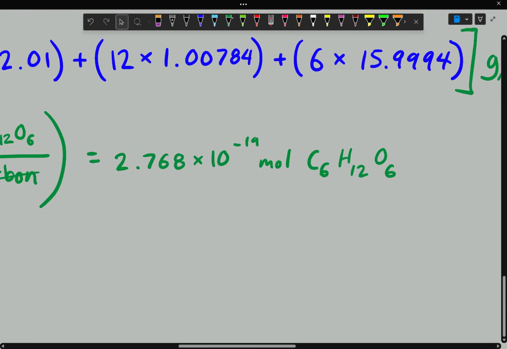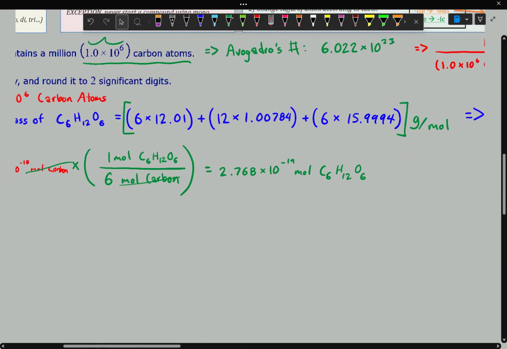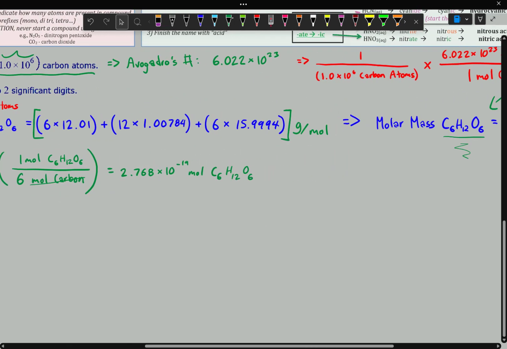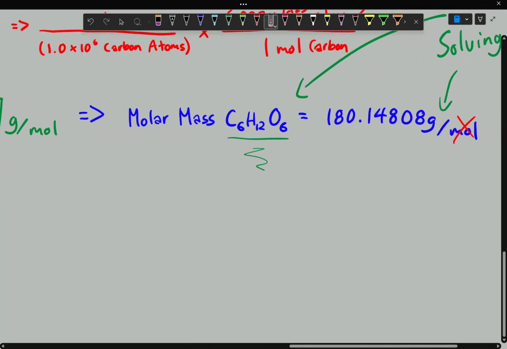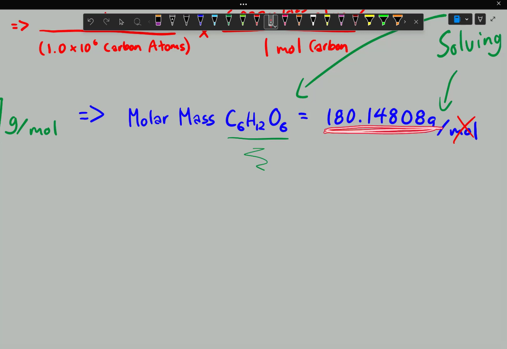We now have a value for moles of glucose. Now notice that our molar mass of glucose is 180.14808 grams per mole.